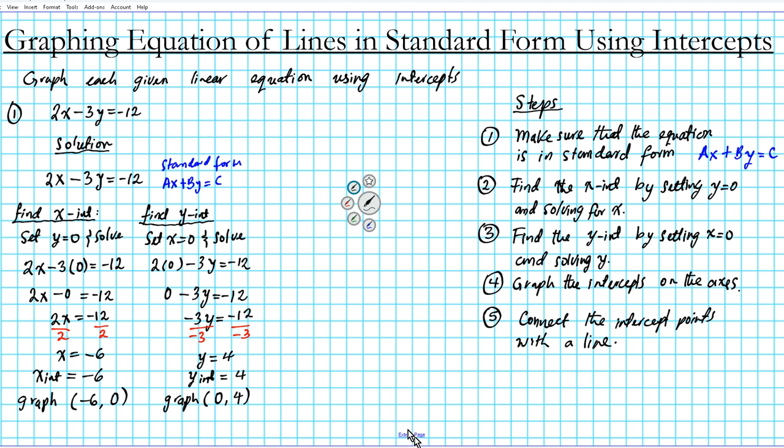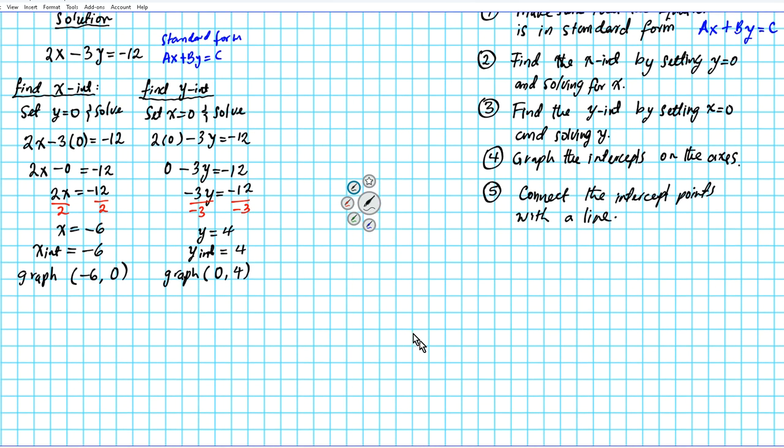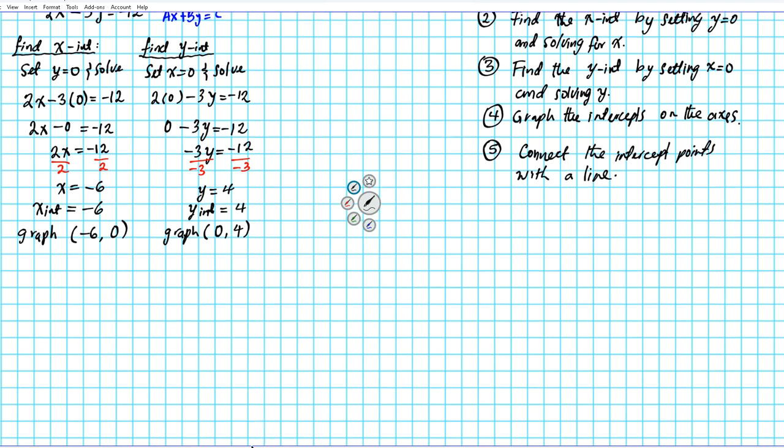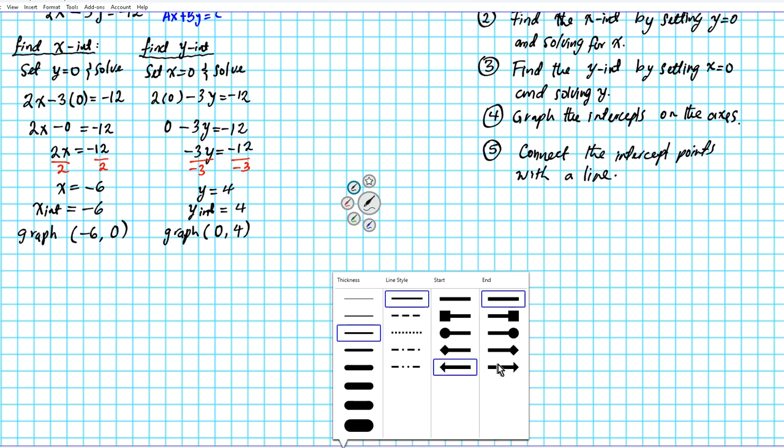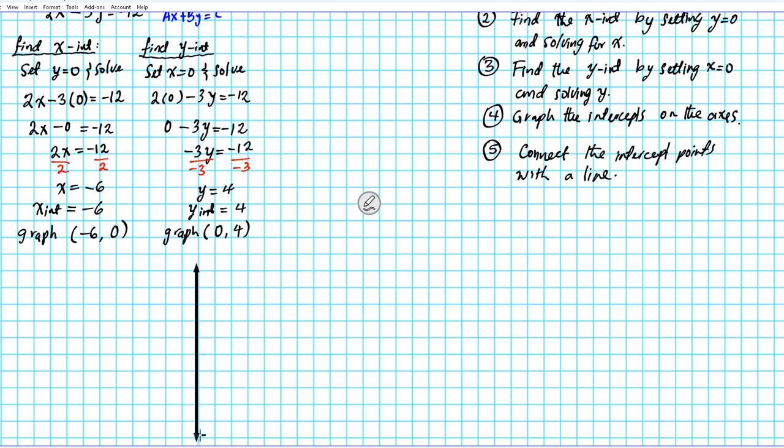All right, so let's go ahead and graph the line, which is step 4 on our steps list. So let's draw our coordinate system first. There goes the y-axis. And then let's do the x-axis.